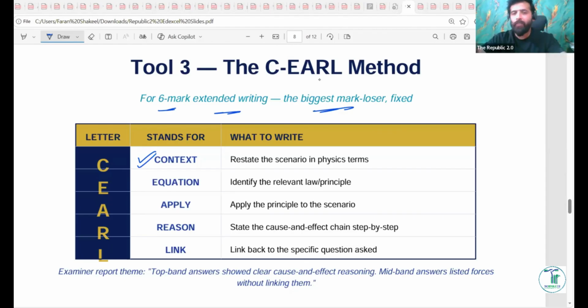I'm just talking about that. For example, you've got a question that a boy is jumping on a trampoline, and we need to talk about what sort of energy changes are going to take place. So what sort of scenario are you going to build over here?